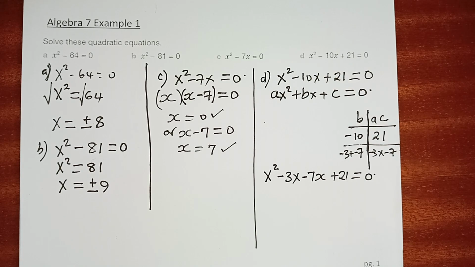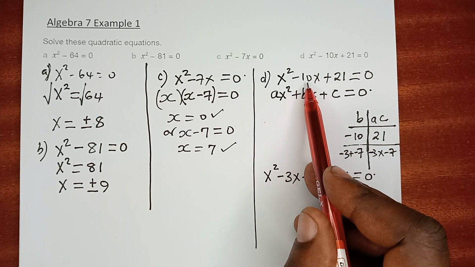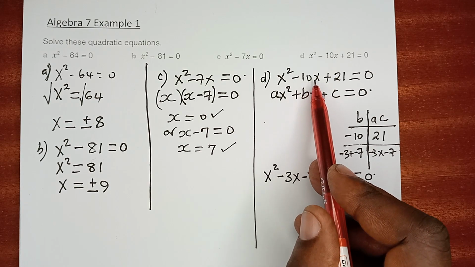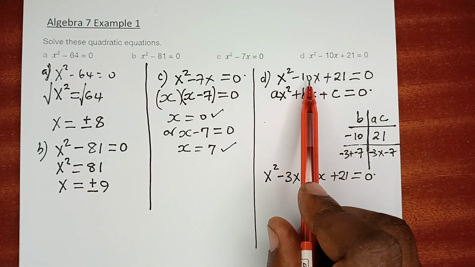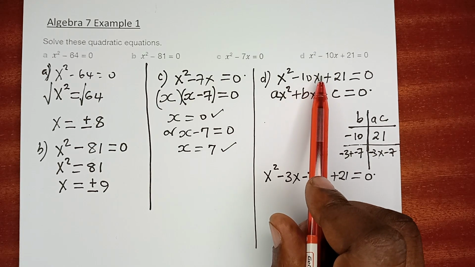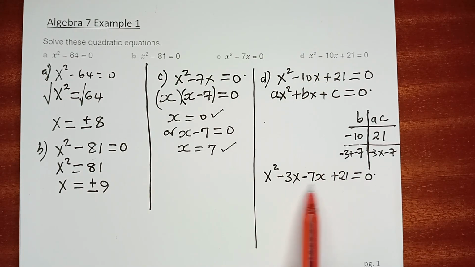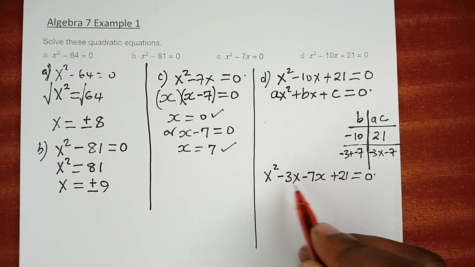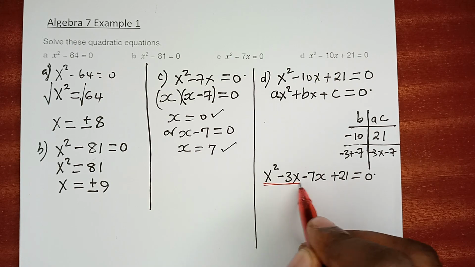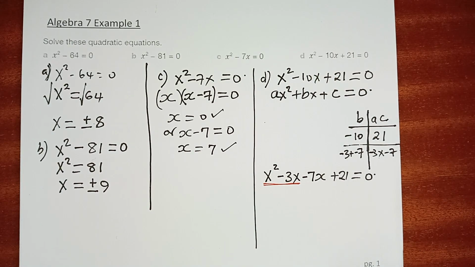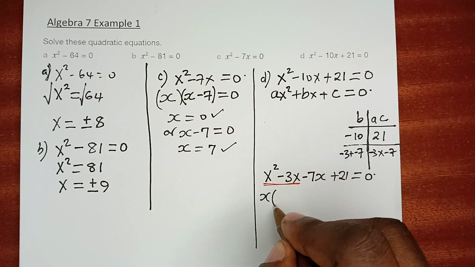Now, as you can see, we have broken the middle term, which was -10x, and we have replaced that term with the two factors that we have found. But since -10 was a coefficient of x, even the new factors will come with x. And therefore, we ask ourselves, within the first two terms now, what is common? Of course, you realize x is common.